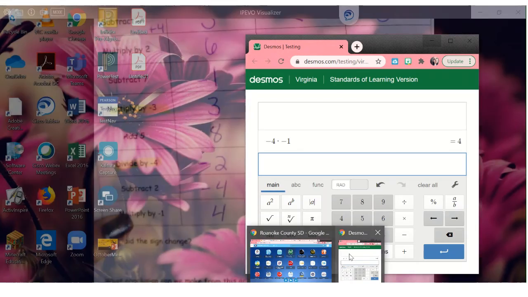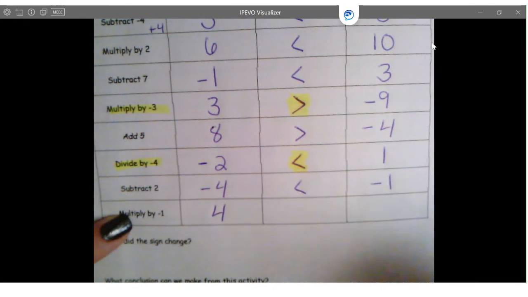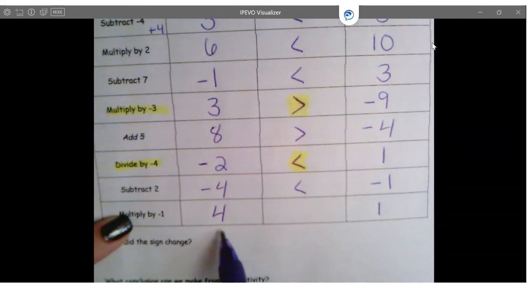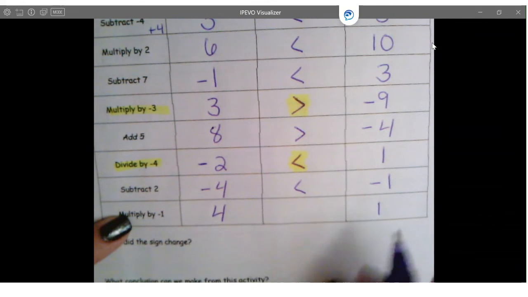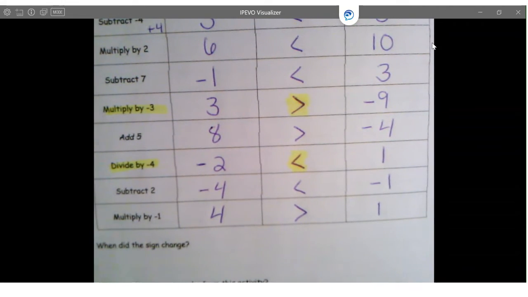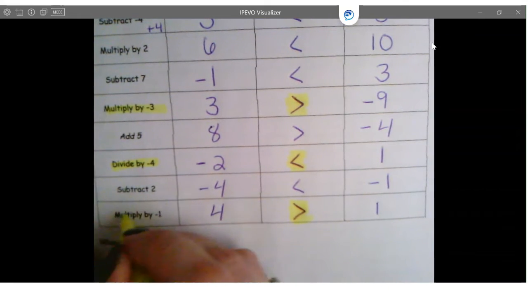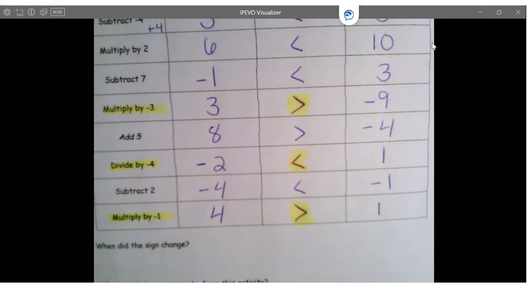So again, a negative times a negative would be positive. So if I clear this out, negative 1 times negative 1 gives me a positive 1. So I'm comparing 4 to a positive 1. 4 is what compared to 1? 4 is greater than 1. So my inequality symbol switched back around. And it switched back around when I multiplied by negative 1.